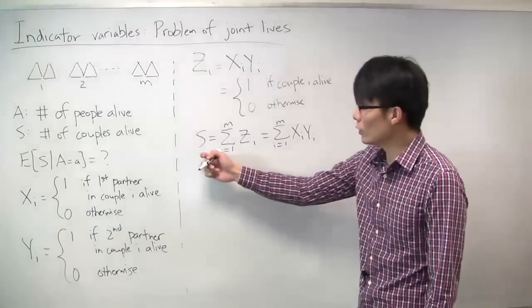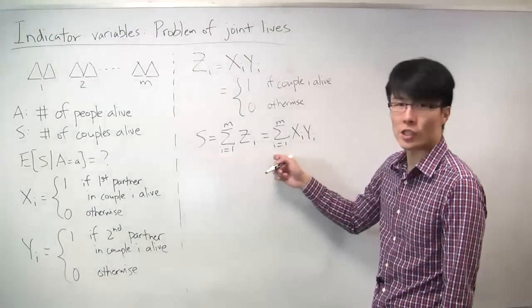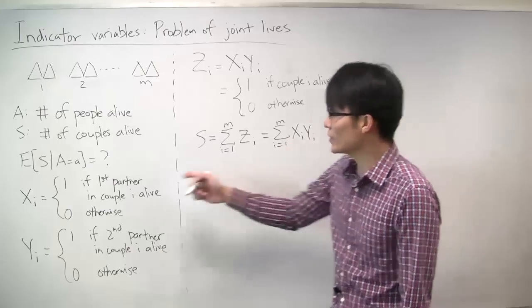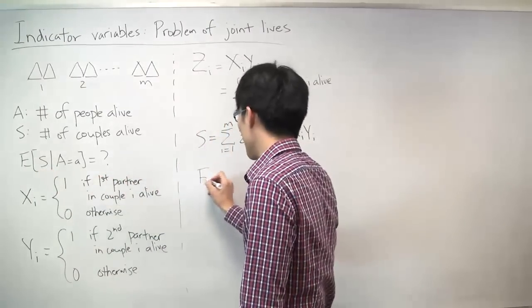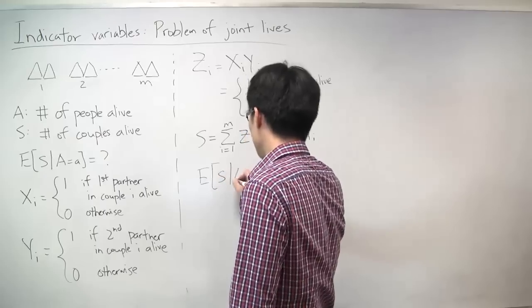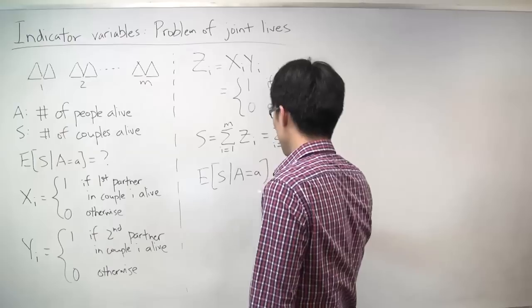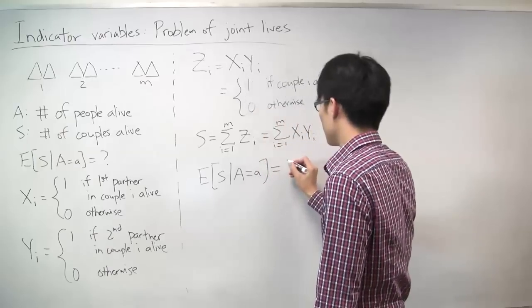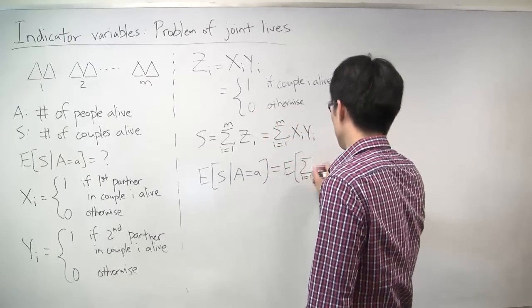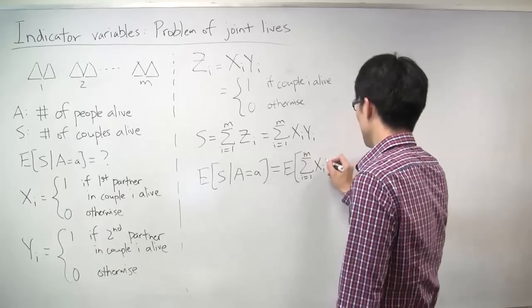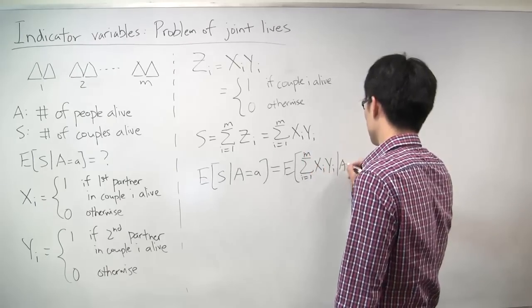Now we've rewritten S as this summation, and now we can plug this back into the original conditional expectation that we want to calculate. So the conditional expectation of S, given that A is a, is just the expectation of the sum of Xi times Yi.